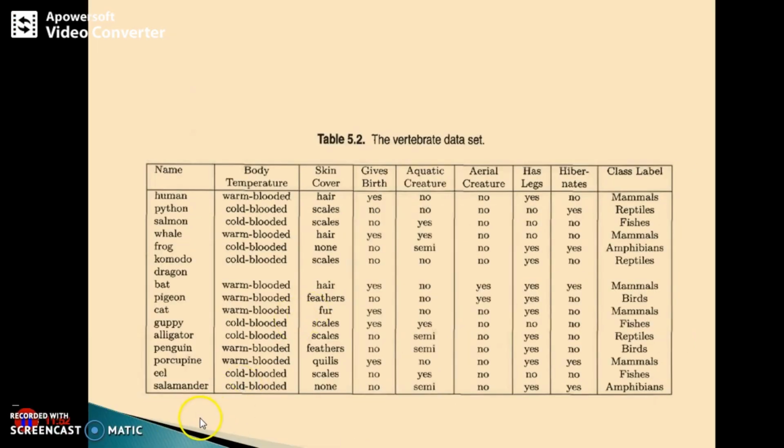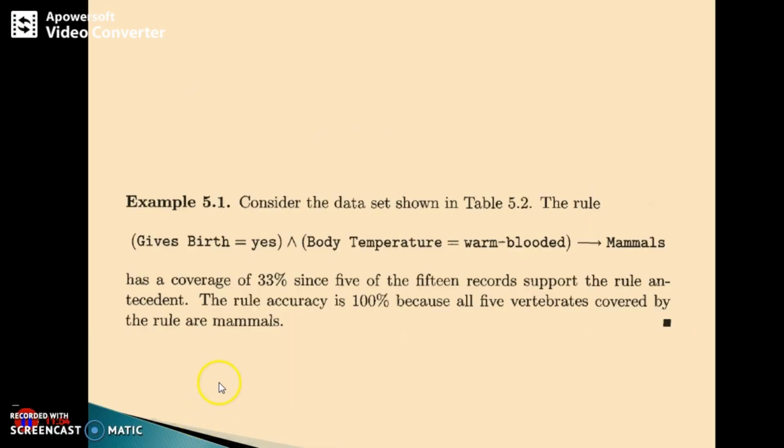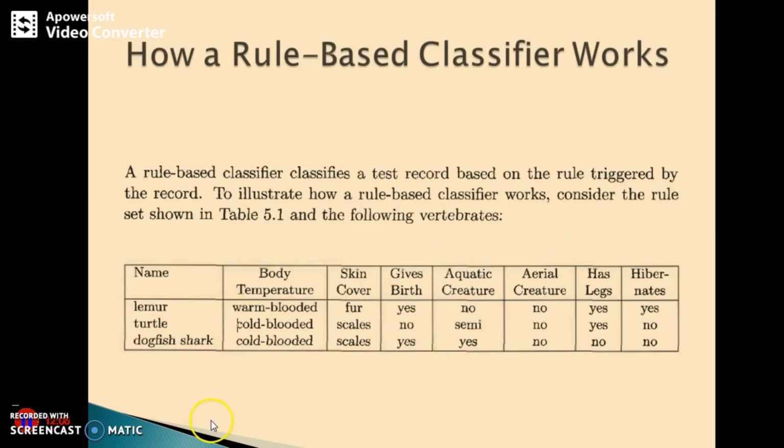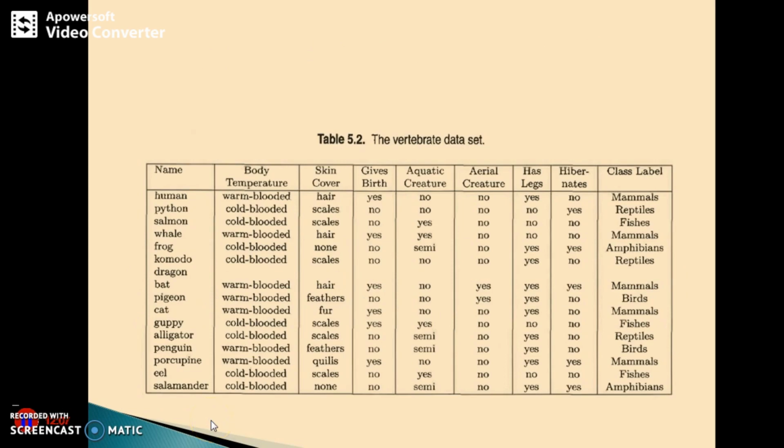Our rule is: if both the conditions are true, then it must be mammal. So this is my rule. How many records really satisfy my rule?